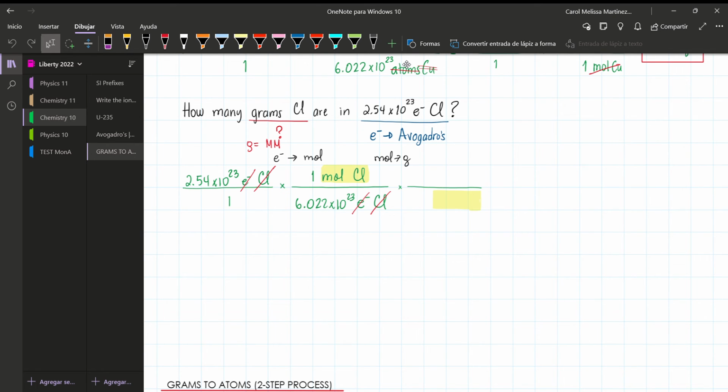What is the molar mass of chlorine? In 1 mole of chlorine, you have 35.45 grams of chlorine. With this, you see that you can get rid of moles with moles, chlorine with chlorine, leaving you with only grams of chlorine. And remember, you can do all this in your calculator.